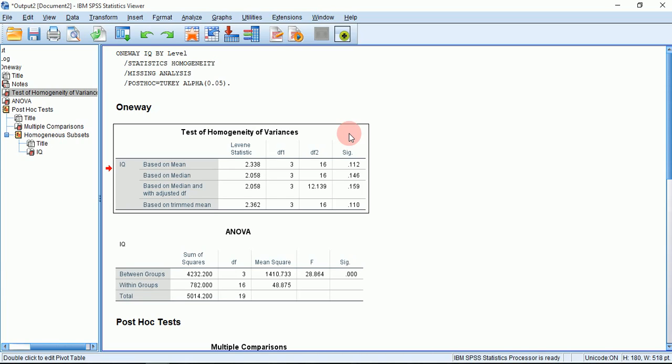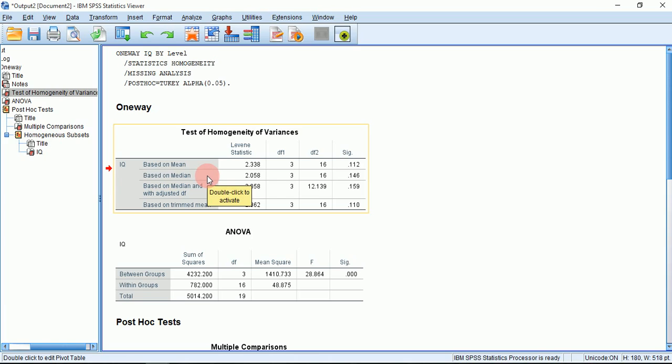Here you will find the homogeneity of variance test result based on the mean value, based on the median value, based on the median and adjusted degree of freedom, and based on the trimmed mean. But we will only consider the one based on median, because it is standard practice to choose the homogeneity of variance test result based on median.